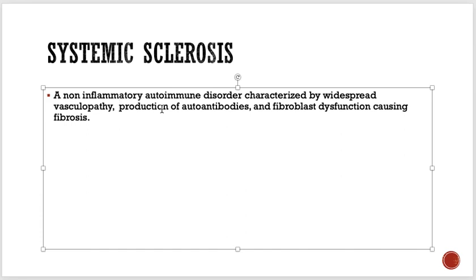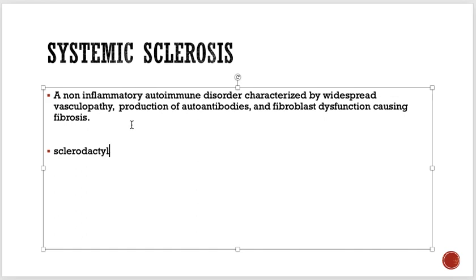Now this one sounds more clinical. So basically, what happens in systemic sclerosis? It is characterized by sclerodactyly.